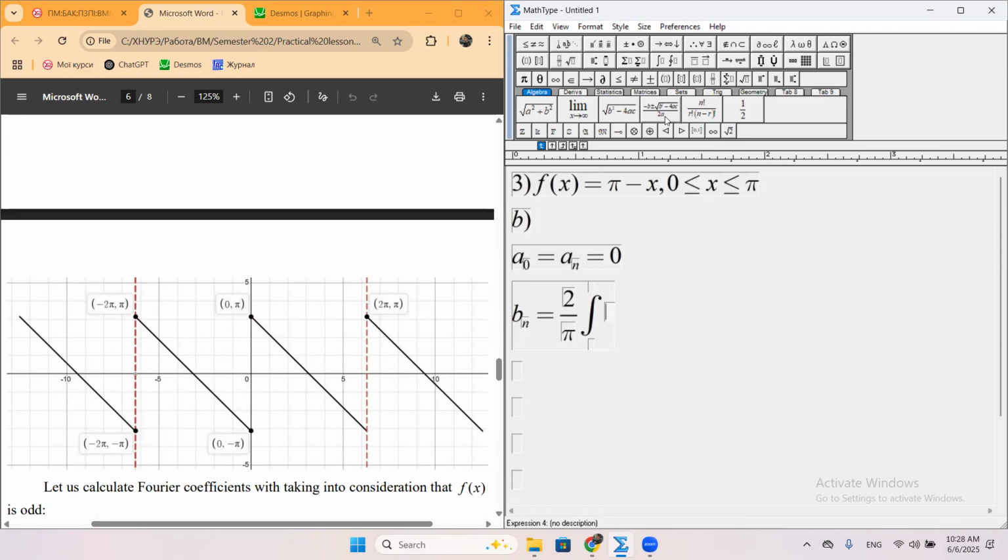Then what we will do next, we will calculate the integral: p minus x times sine of nx from 0 to p.